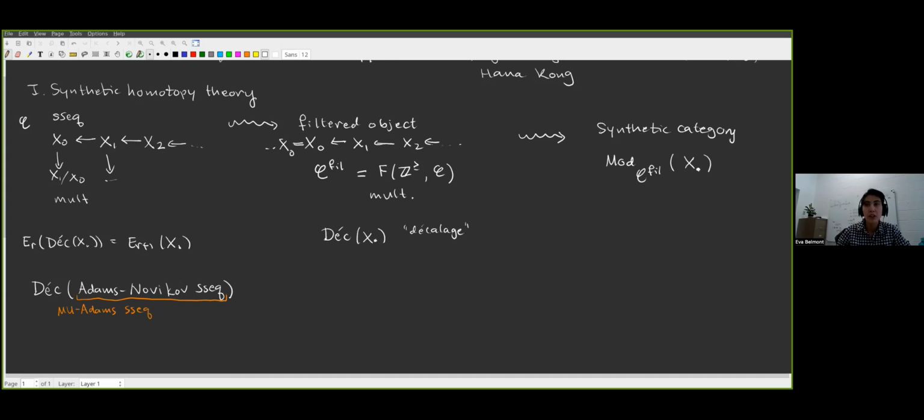Okay, so if I look at the décalage of that spectral sequence, it turns out that the synthetic category you get associated to that is cellular C-motivic spectra. There are a couple of adjectives I'm missing here, so you definitely need to complete it too.